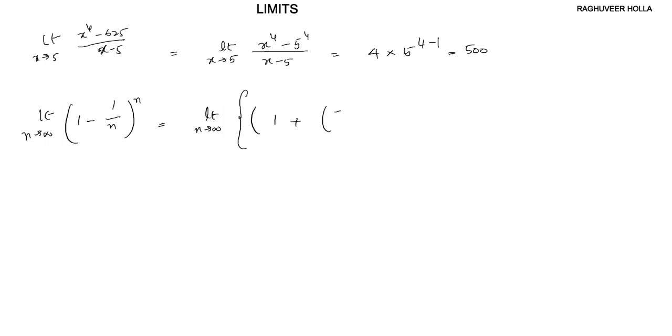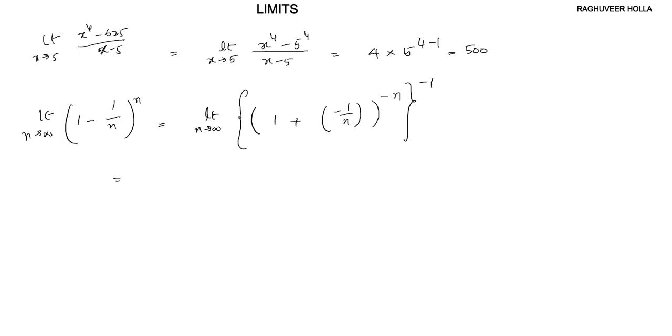I can write this as (1 + (-1/n)) with the whole thing to the power of minus n, and this is raised to minus 1 so that I get back the same result.